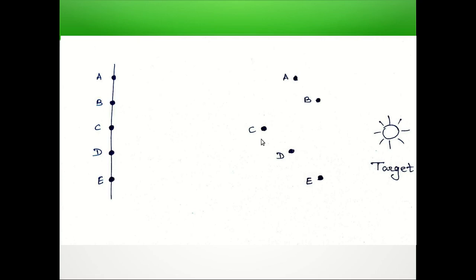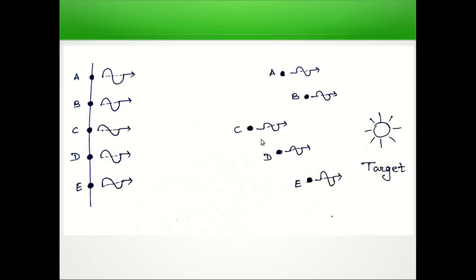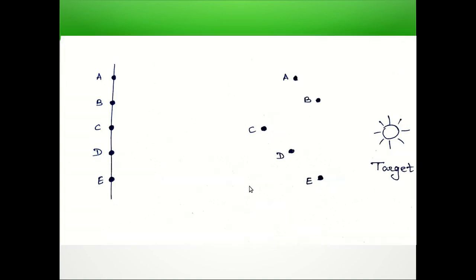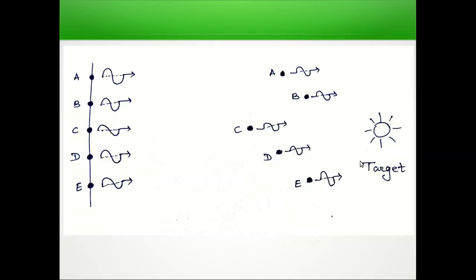Same is the case for waves. Suppose a few waves have been started at a certain time, say at initial time t equals 0. When all these waves start propagating in the forward direction towards the target, depending on the speed of each wave, a few of them will go forward and a few of them just remain in a backward position.